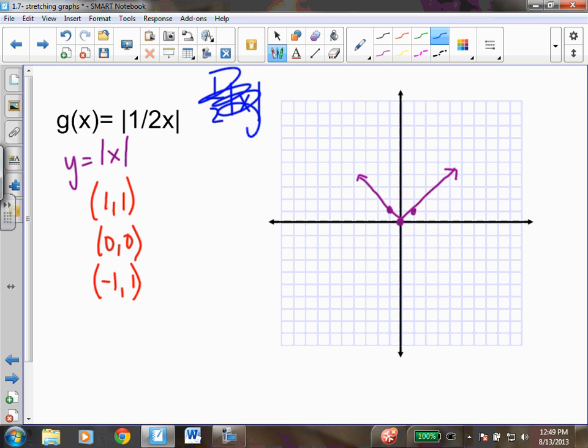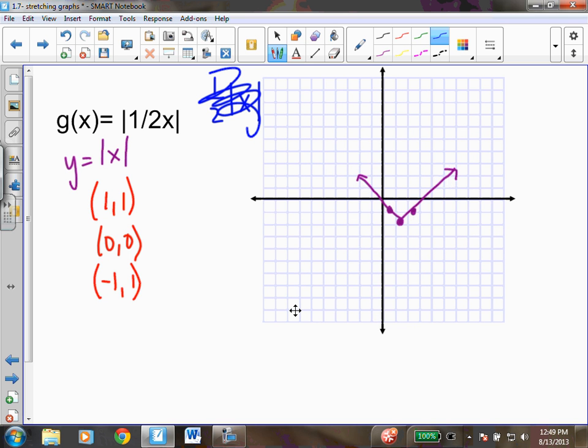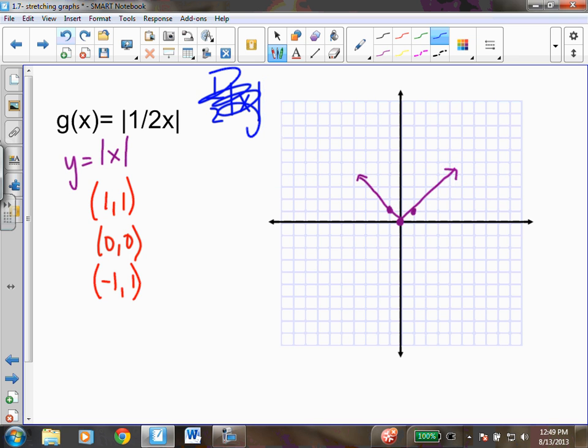When I'm doing a horizontal stretch, I multiply by the reciprocal. Since it's a horizontal stretch, it's the x's that I'm going to multiply. The reciprocal of 1/2 would be 2. So every point is going to change by multiplying the x values by 2.